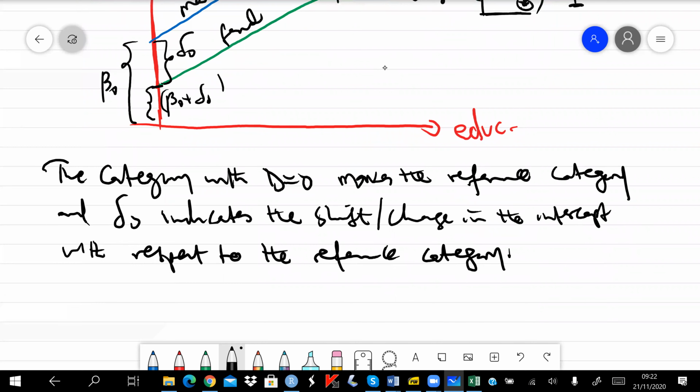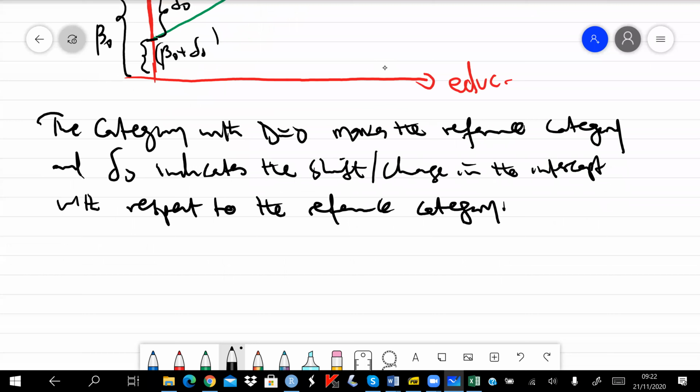Okay, so let's look at the interpretation of models with dummy variables.